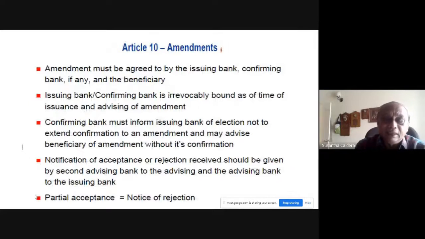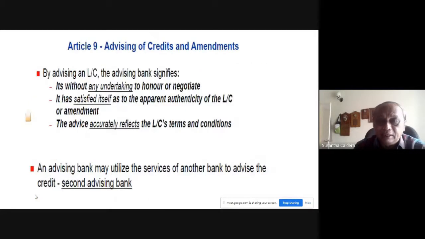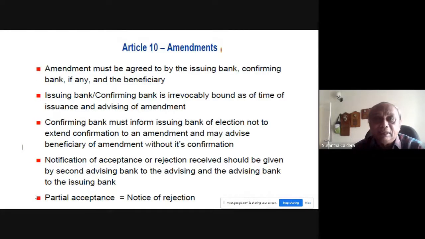Then another important thing, then comes an amendment. If there's an amendment, then that amendment also should go through the same path. We can't advise directly to National Bank of Abu Dhabi, because we have advised the LC through HSBC Abu Dhabi.